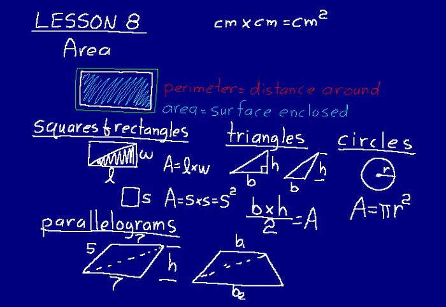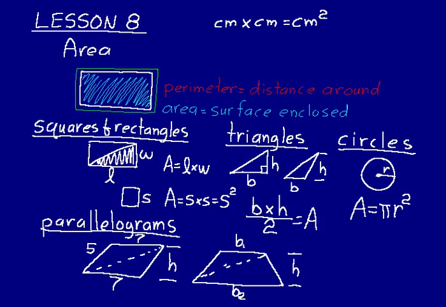And so each triangle will have to be calculated independent of the other one. And of course, they'll always give you the perpendicular height to those 2 bases. So parallelograms and trapezoids, you split them diagonally and make two triangles and then figure out the area of those two triangles and add them together.